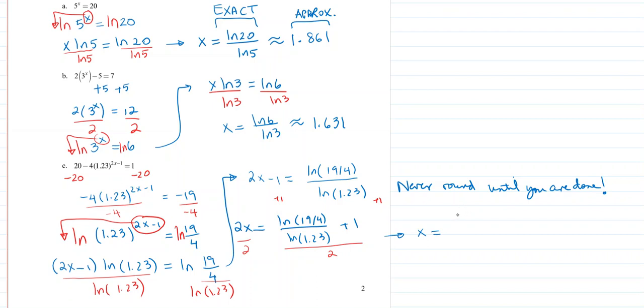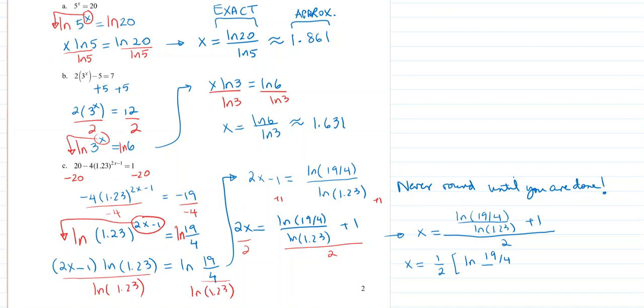That whole expression on top plus 1 is all on top, and then all of it gets divided by 2. Or if it looks too cluttered here, we could also write it as, instead of dividing by 2, we can think of it as multiplying by 1/2. And this may look a little bit cleaner.